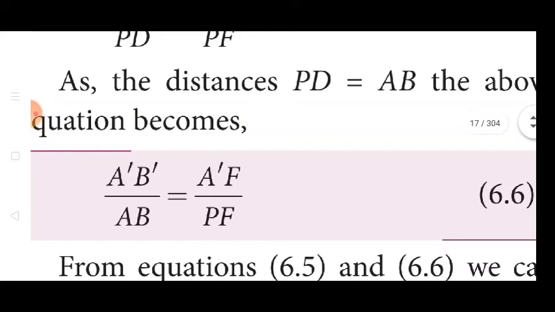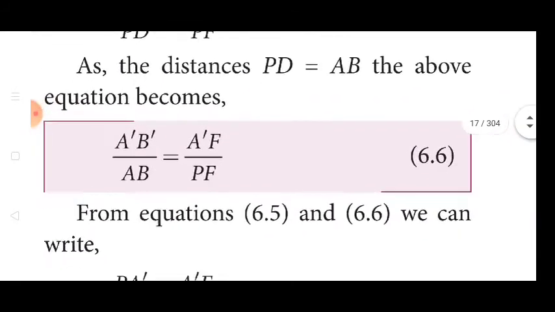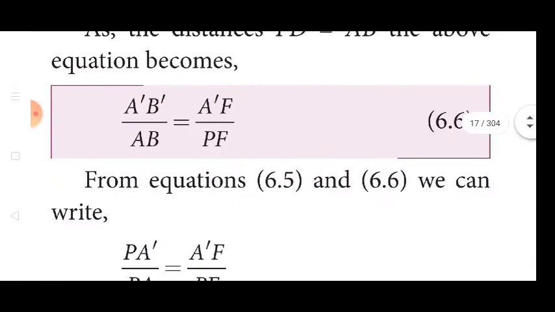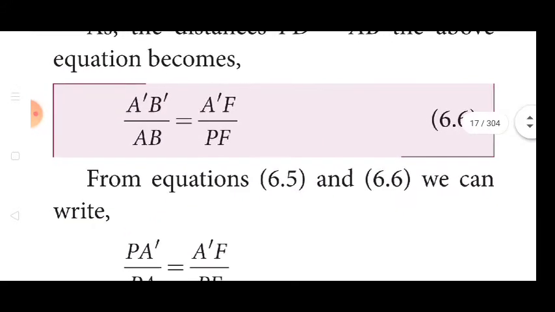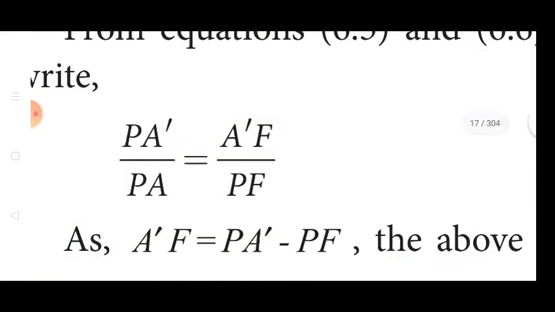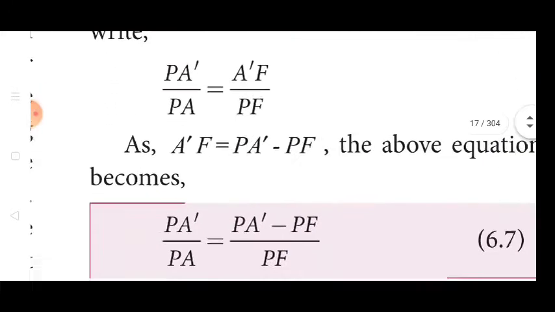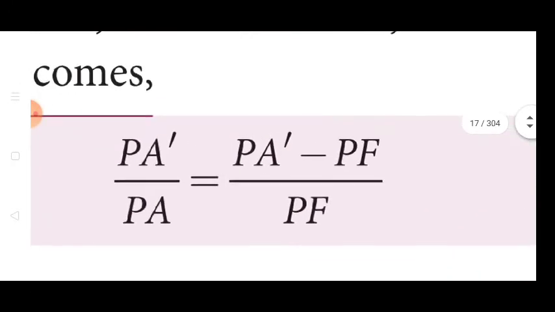Equation number 6.6. From equations 6.5 and 6.6, we can write PA dash by PA is equal to A dash F by PF, as A dash F is equal to PA dash minus PF. The above equation becomes PA dash by PA is equal to PA dash minus PF by PF.